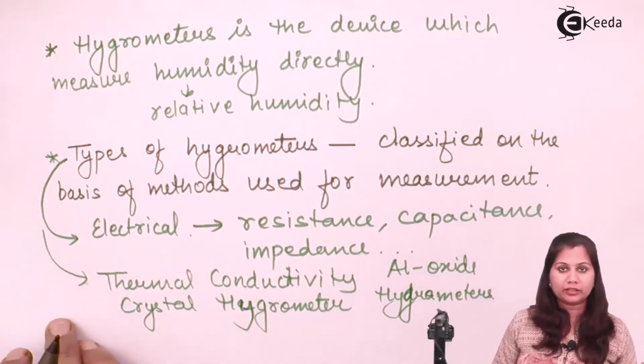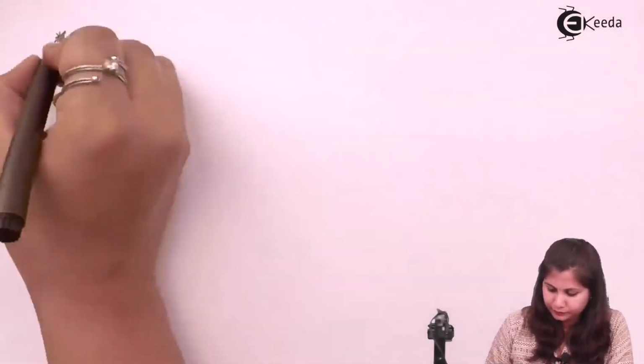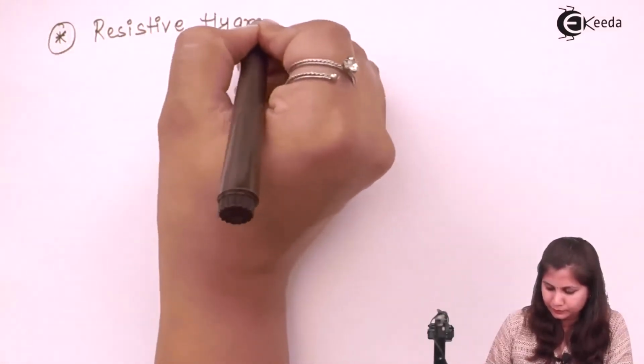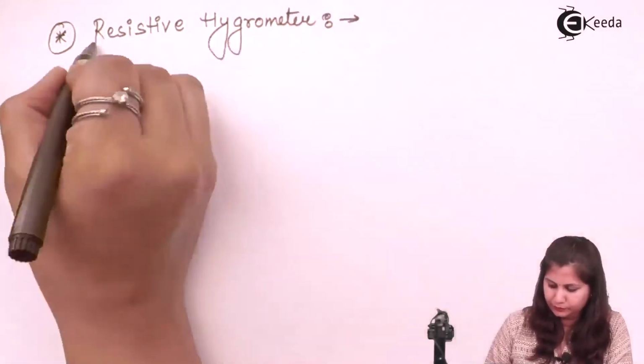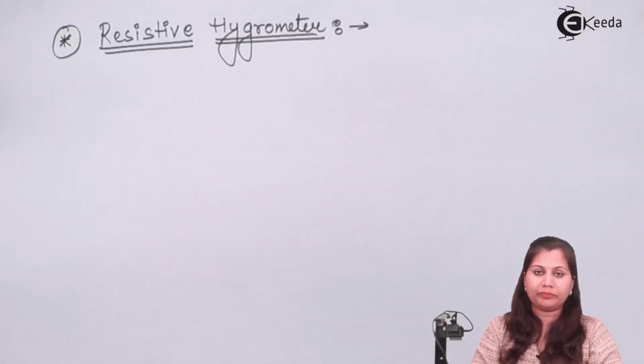Depending upon the method used for measurement of humidity, there are different types of hygrometers. Here we will start with the electrical methods which are used for the measurement of humidity, and in that, first is the resistive method. So the first type is the resistive hygrometers.